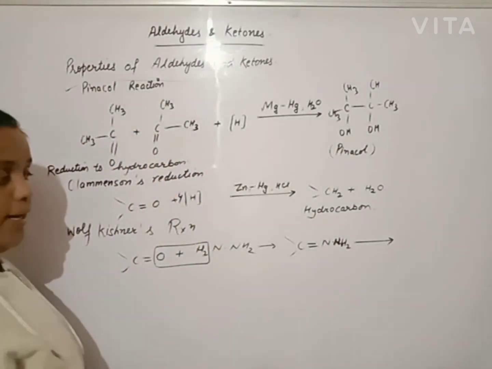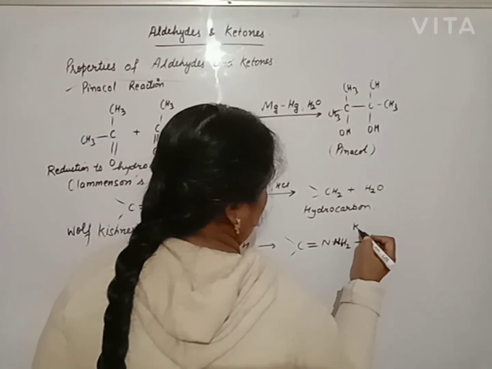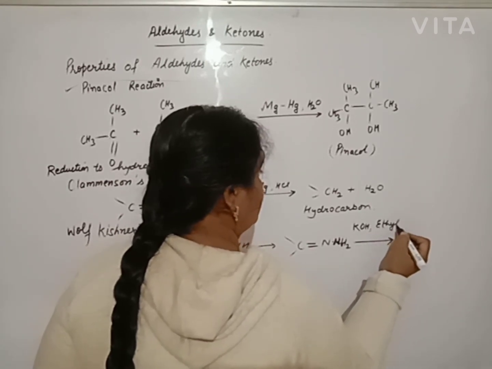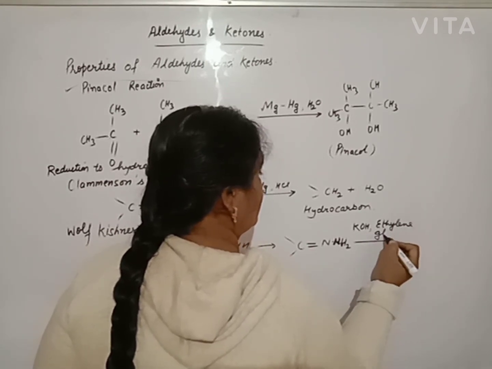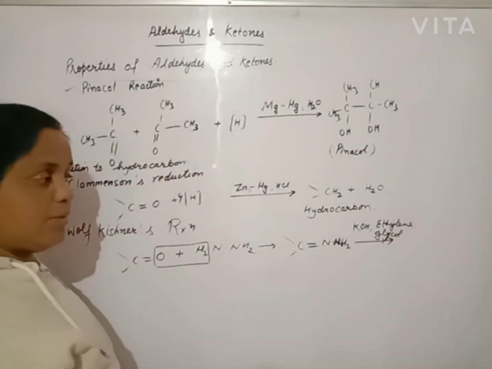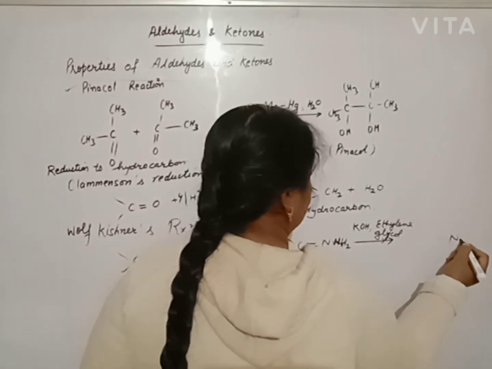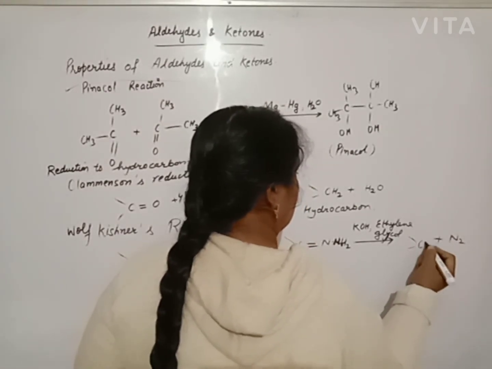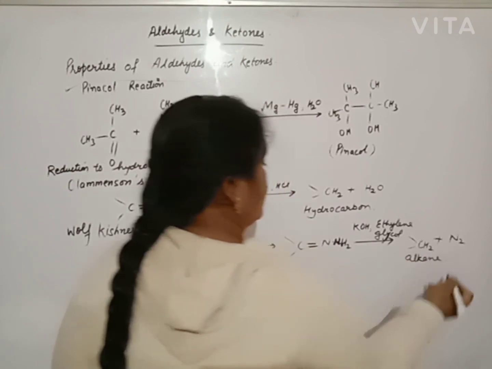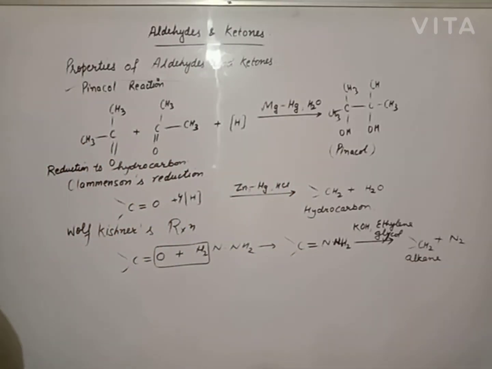This hydrazone reacts with ethylene glycol in acidic medium. Beta, it will release nitrogen and give alkane. This is another most important reaction, the Wolff-Kishner reaction.